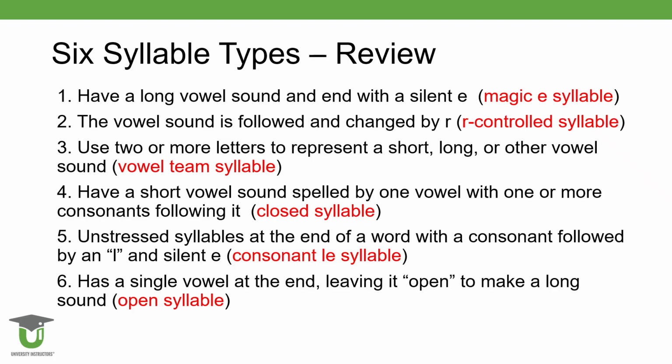Number 4, having a short vowel sound spelled by one vowel with 1 or more consonants following it is the closed syllable. Number 5, unstressed syllables at the end of the word with a consonant followed by an L and silent E is the consonant LE syllable. And number 6 has a single vowel at the end, leaving it open to make a long sound, is open syllable.